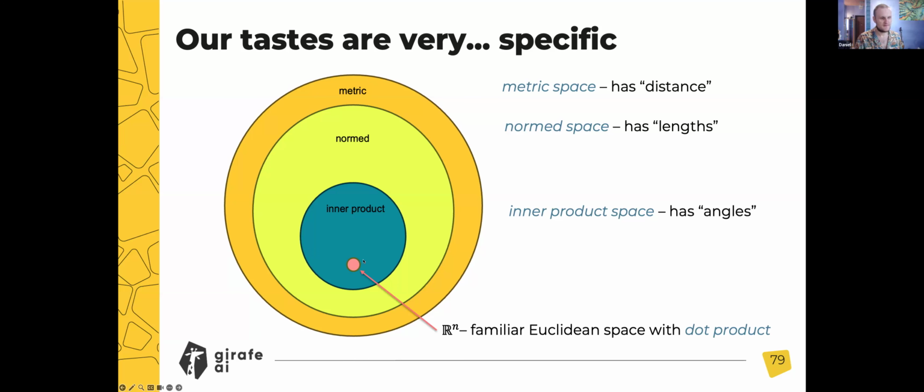But we need to remember that it is just a tiny, tiny subset of all the vector spaces imaginable. Despite being used for most practical needs and calculations, there are many other vector spaces which we can move to if we relax some assumptions.